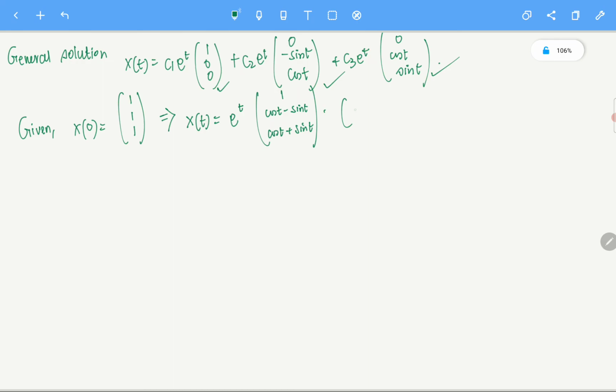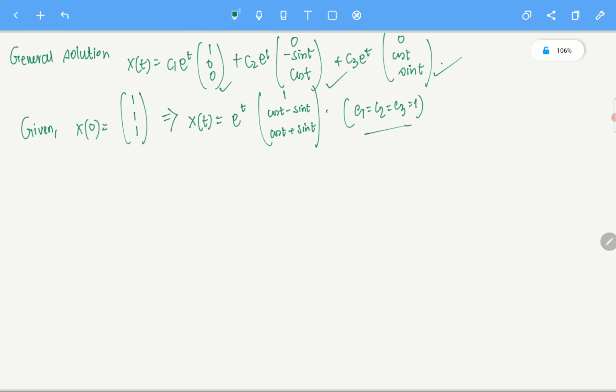So this is c1 equals c2 equals c3 equals 1. It's not really choosing; you just put it there and calculate. It's quite clear from here that c1 is going to be 1, and similarly c2, c3. Please check this part, and this is how you solve such problems.